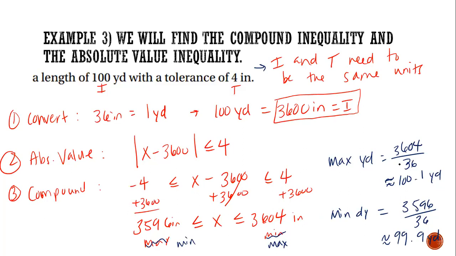And the way I convert is, if we remember, to go from a small unit to a large unit, that's division. When we go from a large unit to a small unit, that's multiplication. All right, any questions about finding the max and min given your tolerance and intended value?